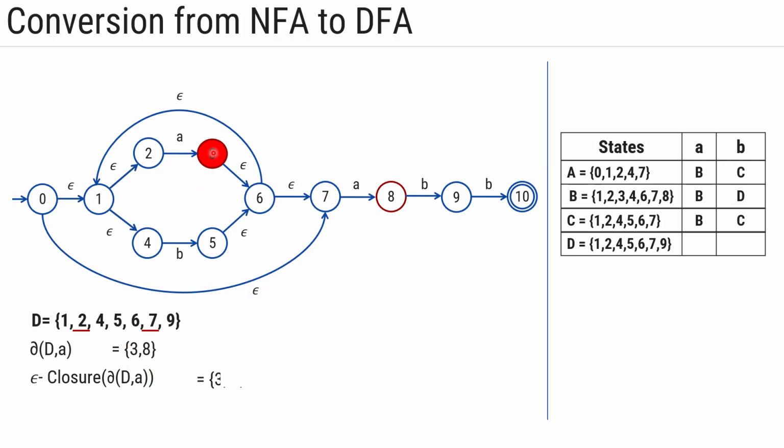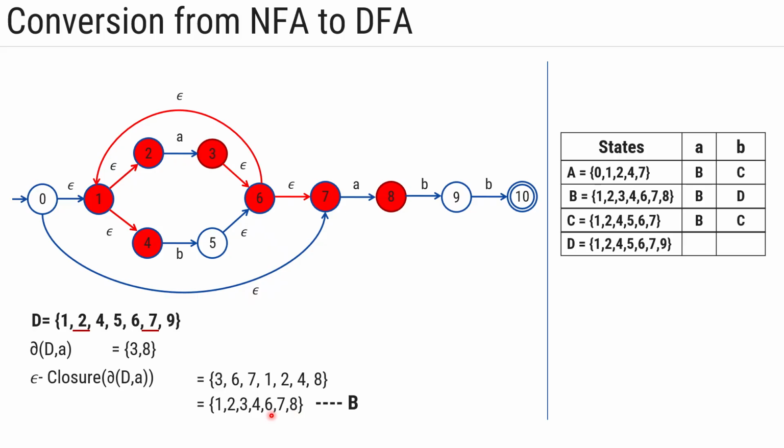So e-closure of 3 will go to 6, 7 and also 1, 2 and 4. And e-closure of 8 is 8 only. Look at this. Okay, 6, then 7 and 1, 2, 4, 8. Then you have to rearrange them now: 1, 2, 3, 4, 6, 7, 8.